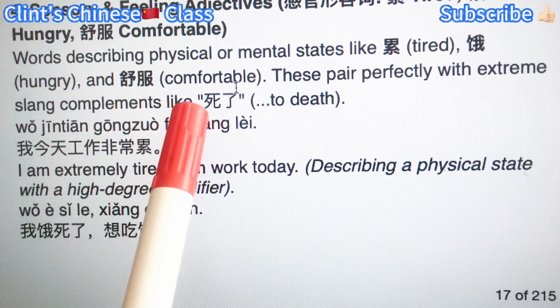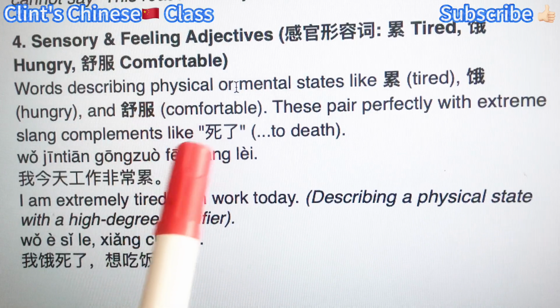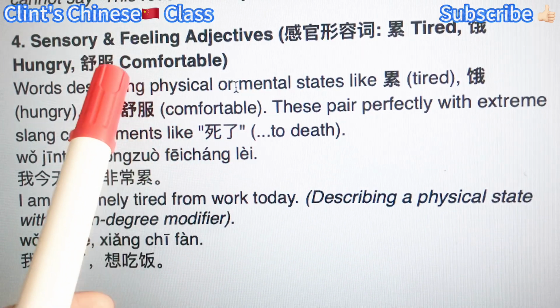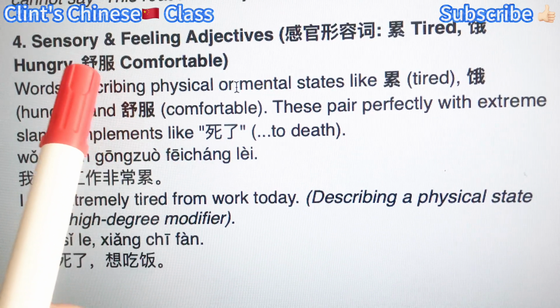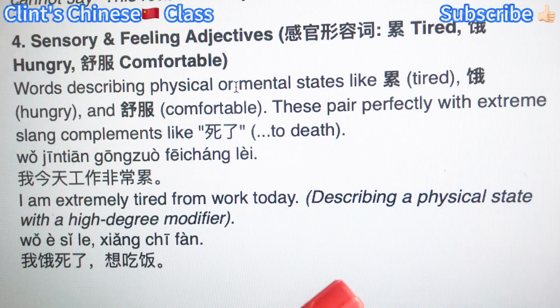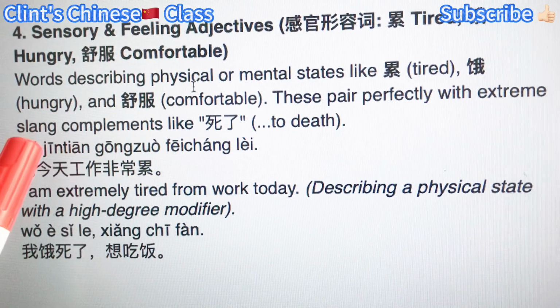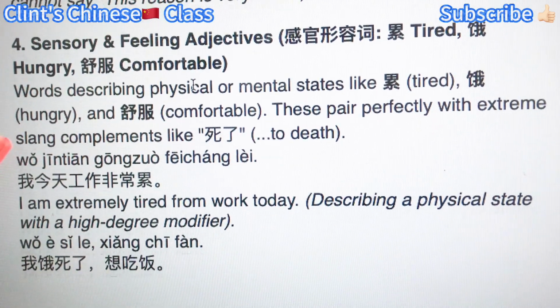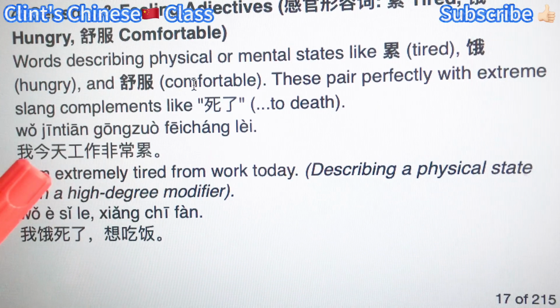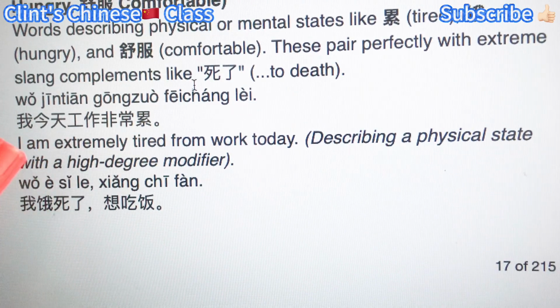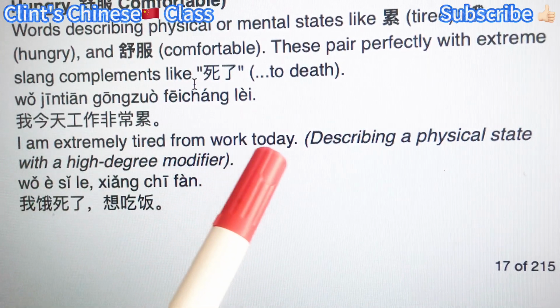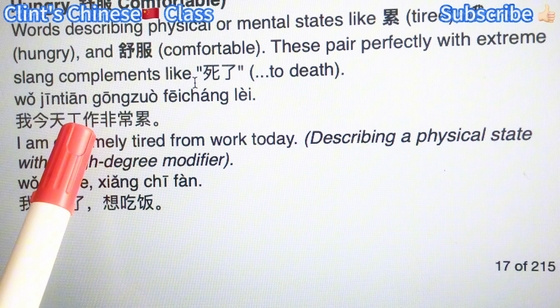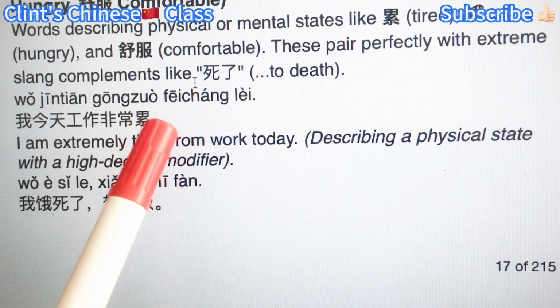All right. Of course, you can attach 死了 to these words to be sensational and dramatic. It's like starving to death. 饿死了. Of course, we're not really dying, but just want to be dramatic. I'm extremely tired from work today. 我今天工作非常累.